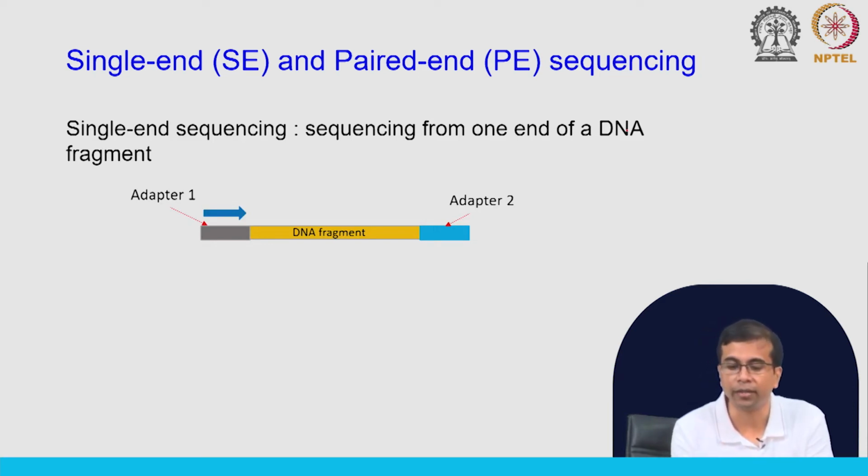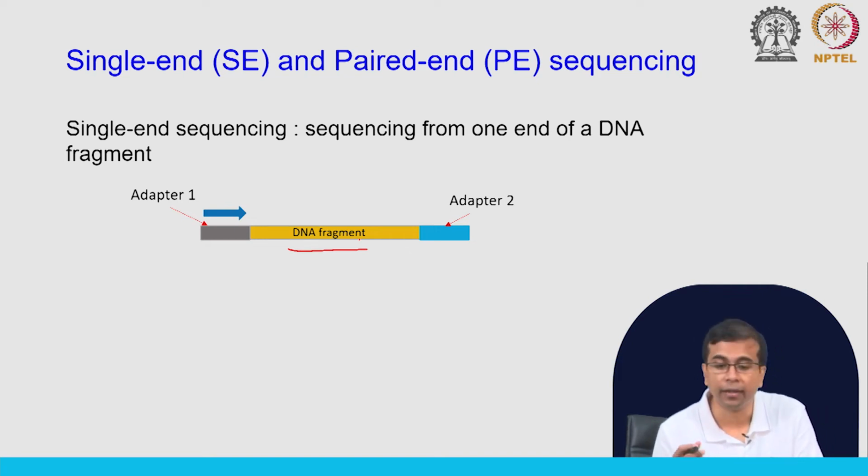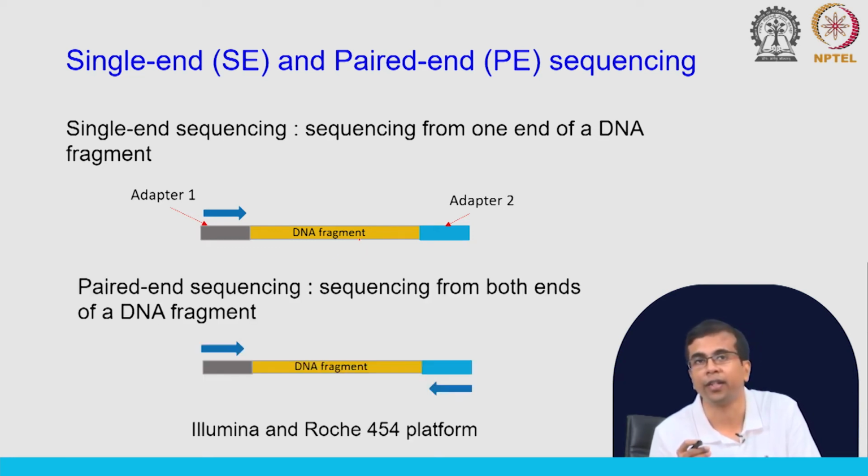You can imagine this is a DNA fragment in yellow, and we have these adapters, adapter 1 and adapter 2, and we can decide that we will just sequence from adapter 1. So, we add primers in such a way that we only sequence from one direction. So, this will be your single end sequencing, where we are sequencing from just one end of the DNA fragment that we generated.